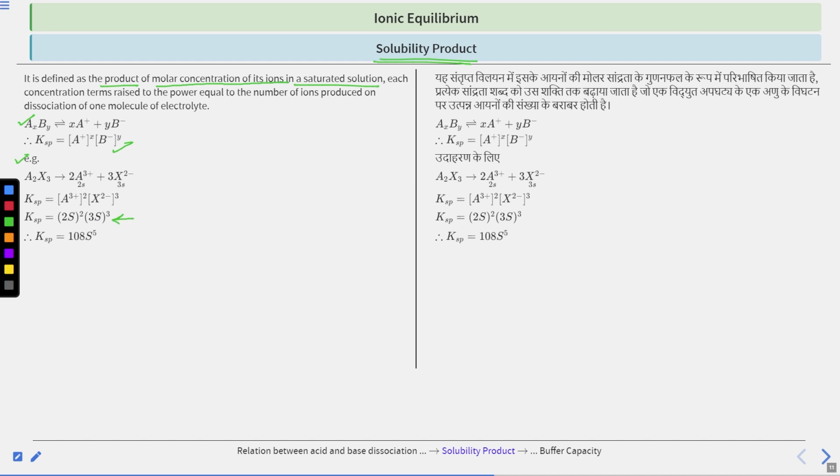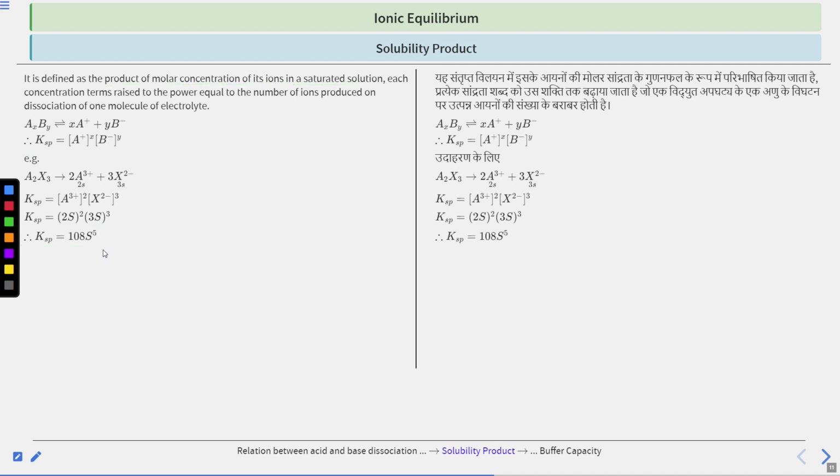On solving this, the Ksp value comes out as 108 S to the power 5, since 3 plus 2 is 5. Through this process, we can find the Ksp or solubility product of any dissociation reaction.